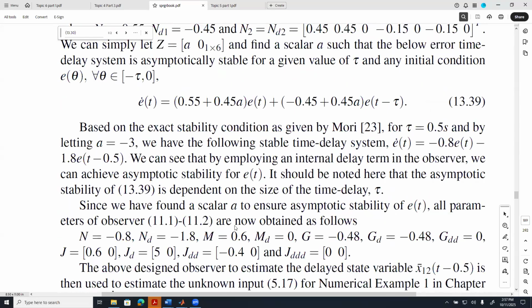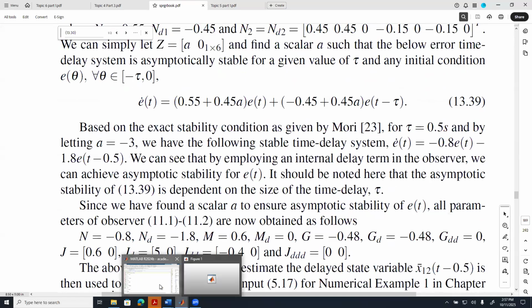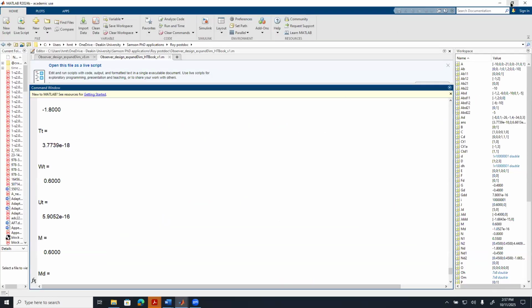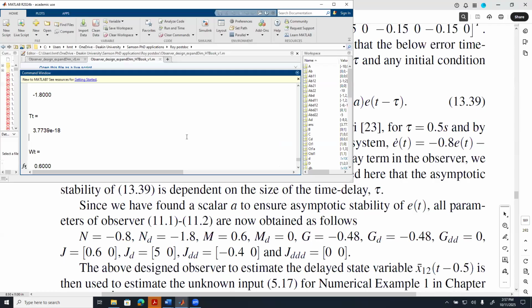So we got the observer parameters, and when we run it, we can have a look here. We got the matrix N, -0.8, the matrix ND, -1.8, and M, and so on.